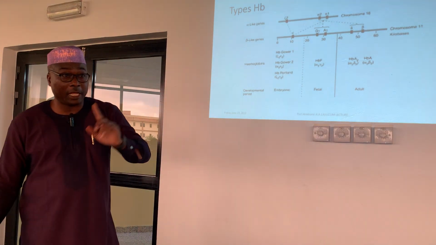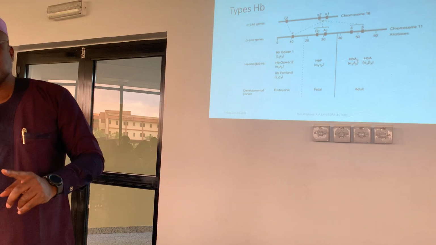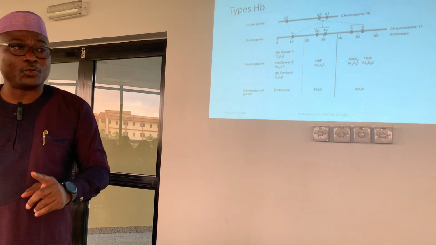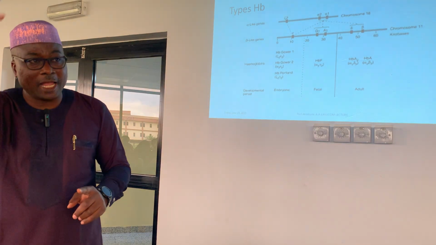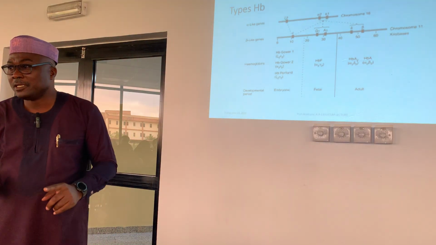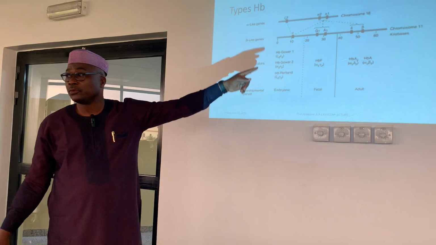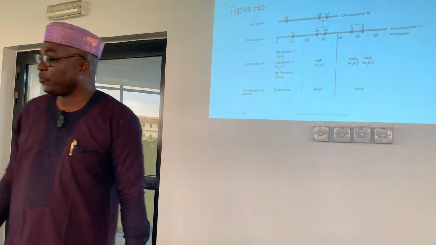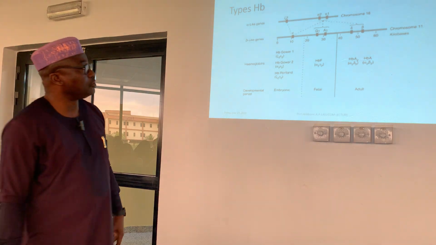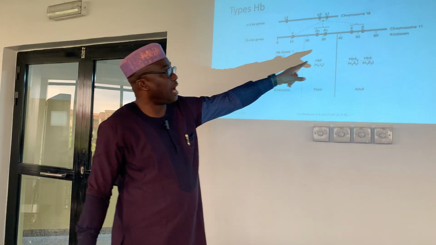How do I know it? I use a formula for it. 16 is higher than 11. The one that has the higher chromosome number has the lower number of amino acids. So 146 is for chromosome 11, 146 for beta, and so all the beta-like and the beta are on chromosome 11.